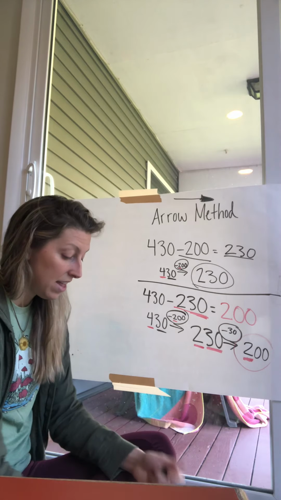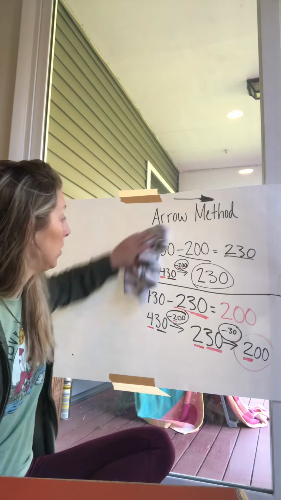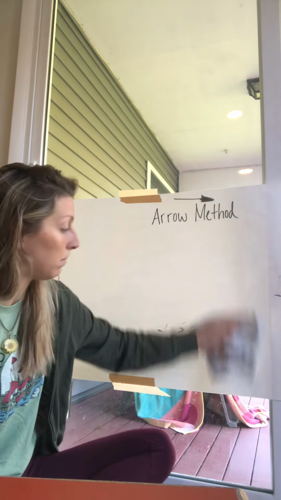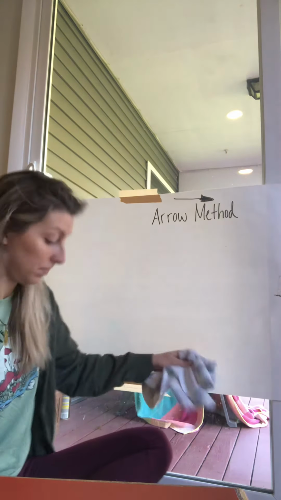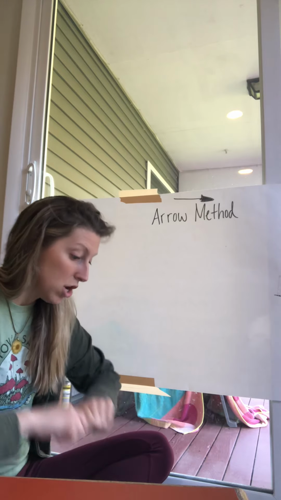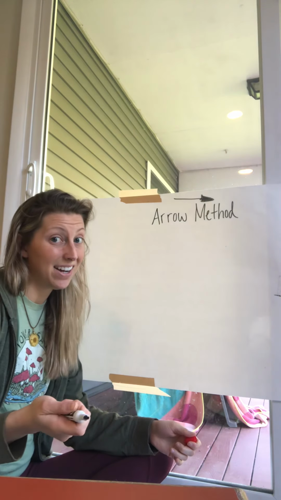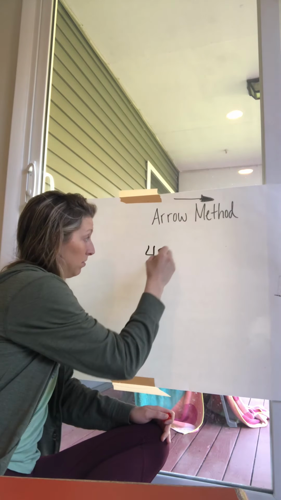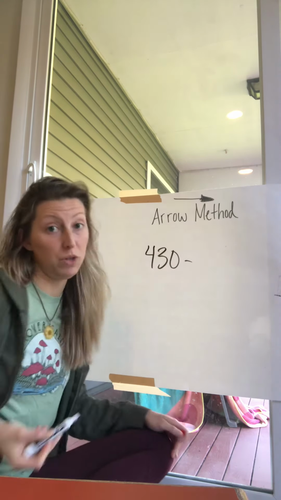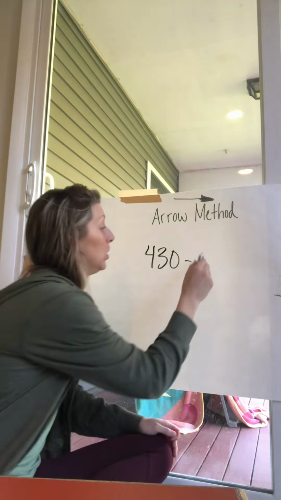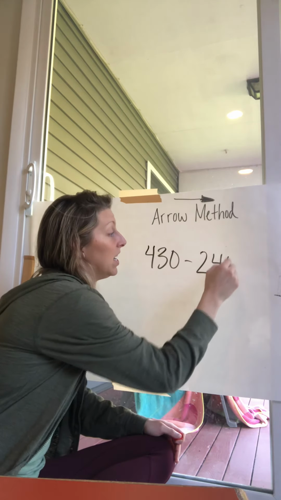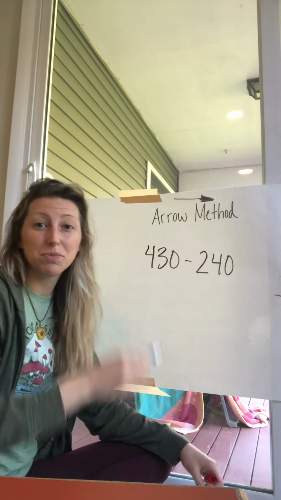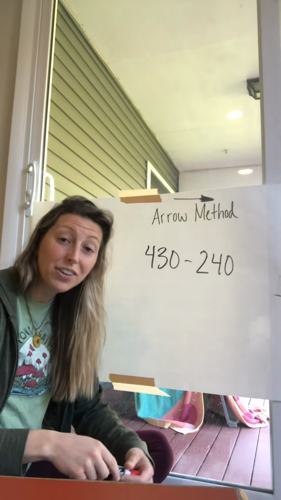Okay, and then we'll do one more using the arrow way, and then I'll have you practice a set by yourself. Okay, here we go. So instead, we're going to take it a step further. So instead of 430 take away 230, we're going to take away 240. Now I know parents, you're thinking, well, they can just borrow that. They can use that standard algorithm.